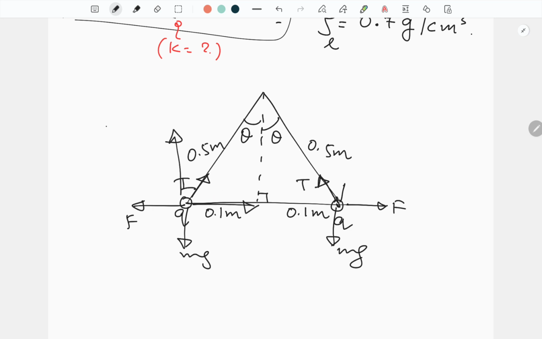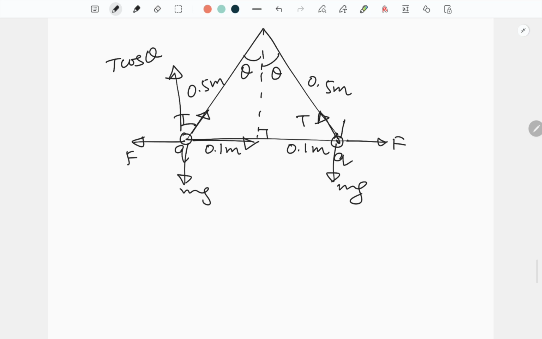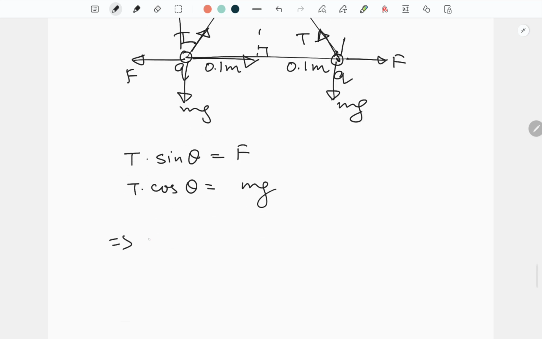So T cos theta is equal to mg, and T sin theta is equal to F, right? Now if you divide these two, this becomes tan theta is equal to F by mg.